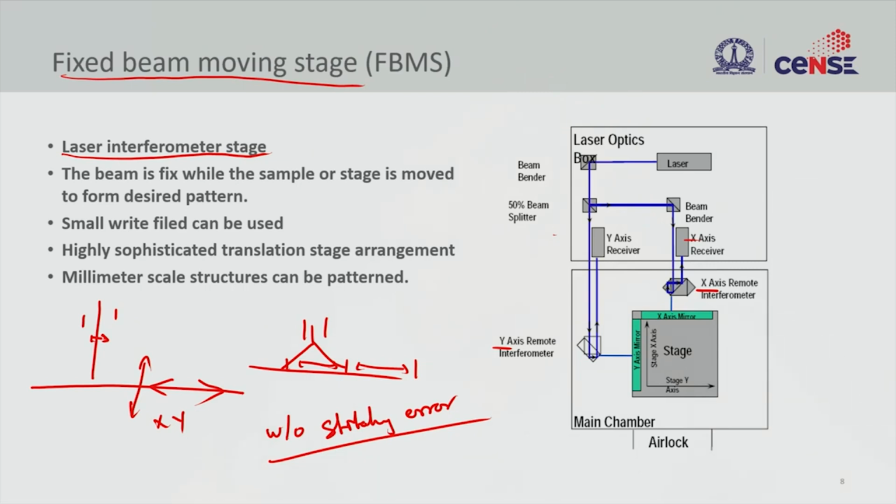Your movement depends on the XY motor. Okay, so there is an XY motor that moves the stage. So you are only limited by that motor range, right, not by any electron beam deflection. Okay, and you have a sophisticated interferometric setup to control the stage position.